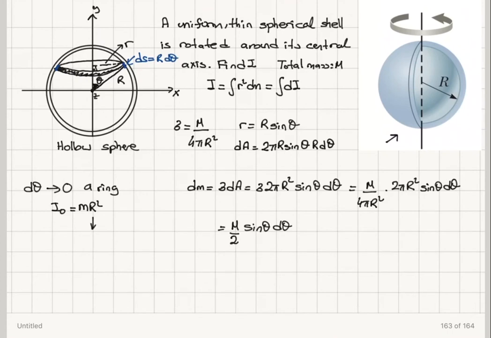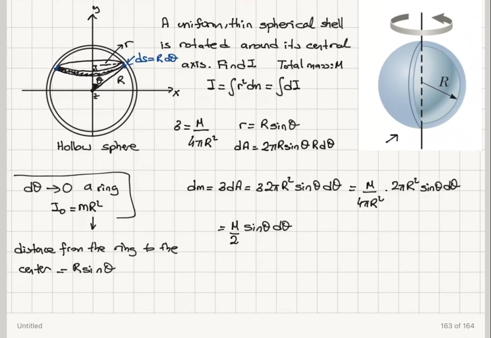What is the distance r from the ring to the center? It will be, in this case, r sine theta. So that has to be replaced by r sine theta. This is coming from the previous example, so don't get confused with the r's here. So I'm going to have a dI is equal to dm r square sine square theta.